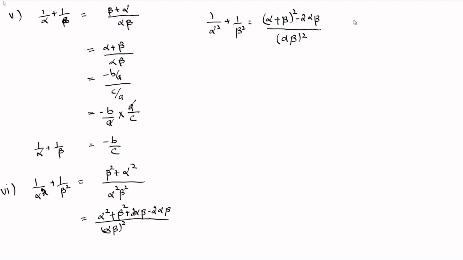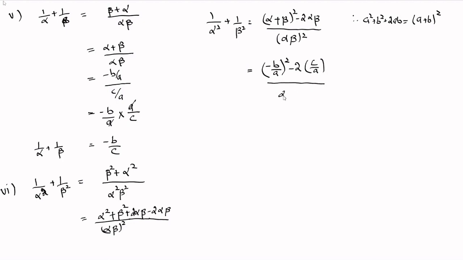We have applied the a square plus b square plus 2ab is equal to a plus b whole square formula. Now we know that the sum of the roots is equal to minus b by a, and the product of the roots is equal to c by a.